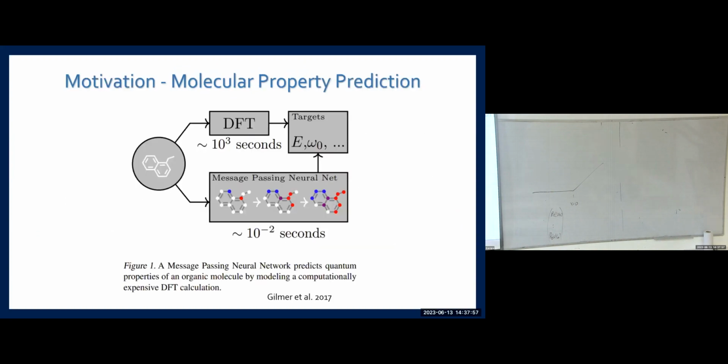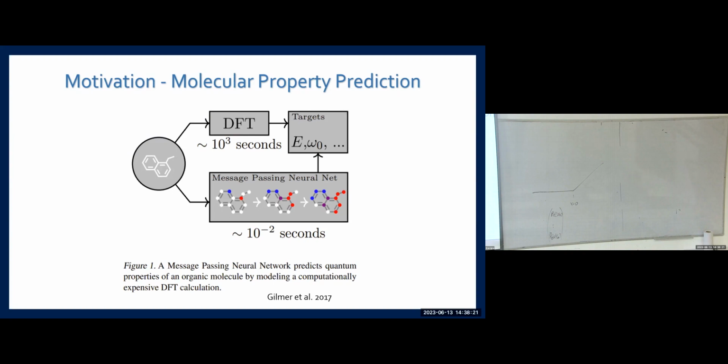Okay, so the practical motivation for using neural networks to study point clouds is a very fast computation time. In a very groundbreaking seminal work by Gilmer et al., they introduced a message passing neural network paradigm, which we're going to get into later in the talk.